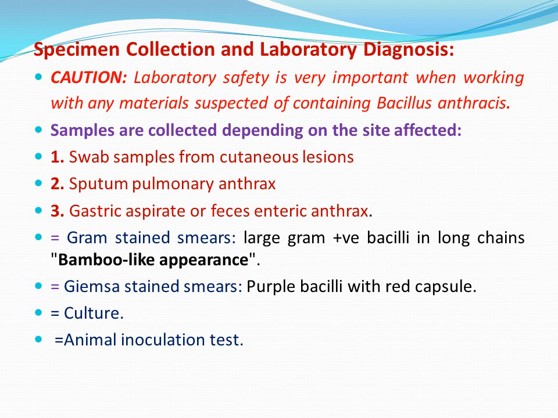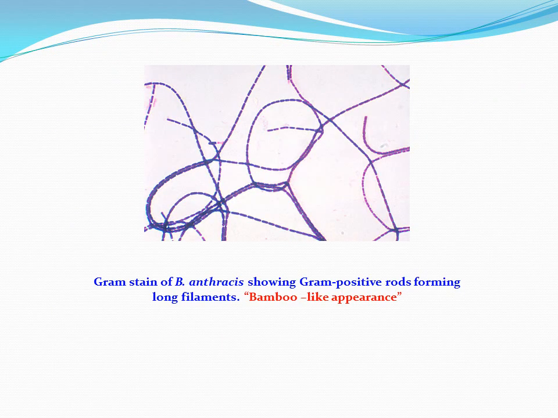Also, as I said before, gram stain shows large gram-positive bacilli with spore and with a bamboo-like appearance. Bamboo is actually a tree. Bamboo-like appearance, as in this figure, like a bamboo, long chain bacilli with a bamboo-like appearance.